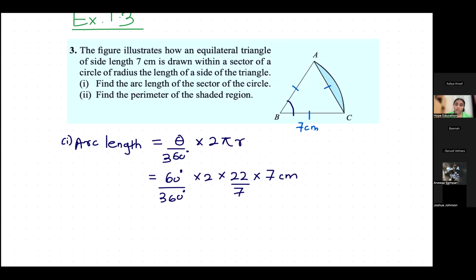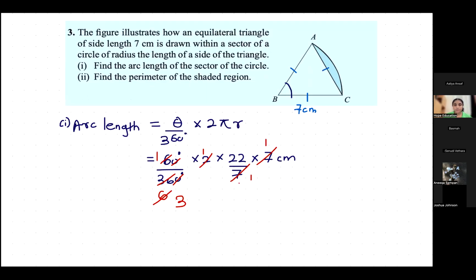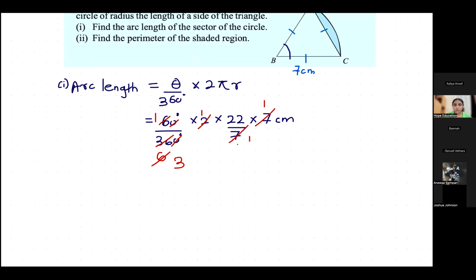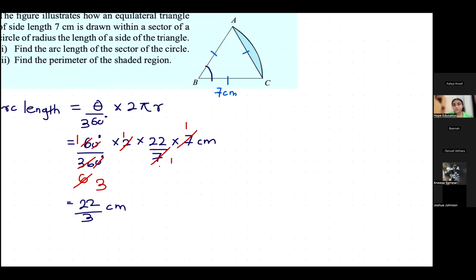The zero cancels with the zero. 6 times 1 is 6, 6 times 6 is 36. Then 2 times 1 is 2, 2 times 3 is 6. 7 times 1 is 7, 7 times 1 is 7. What we have remaining is only 22 on top and only 3 on the bottom. So 22 you have to divide by 3. Okay? Let's divide 22 by 3 again.